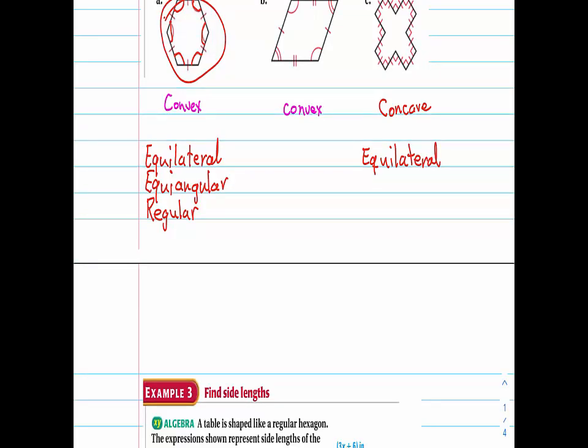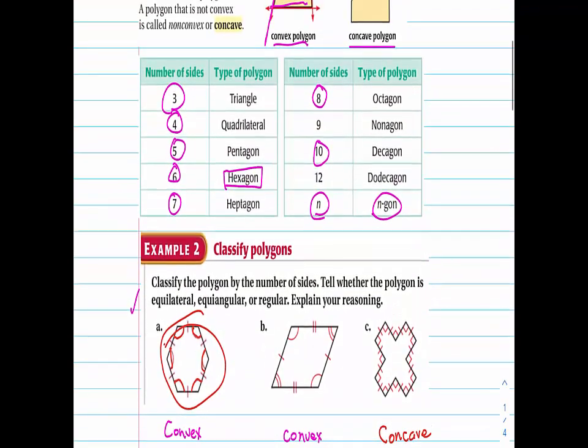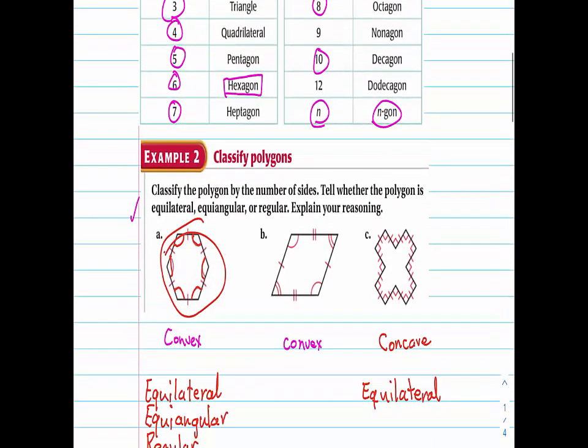Now, one of the things I didn't emphasize earlier, or didn't even mention, when we talk about a regular polygon, I left out part of the definition. A regular polygon needs to be convex. So a regular polygon is a convex polygon that is both equilateral and equiangular.